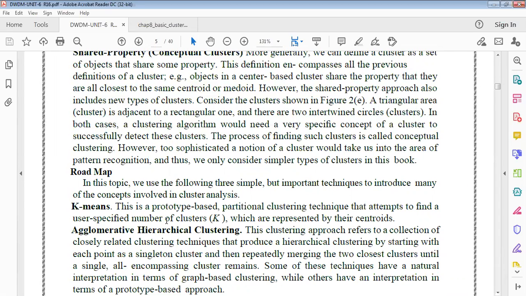Whenever you use cluster analysis, first you use some algorithms, mainly the K means algorithm.